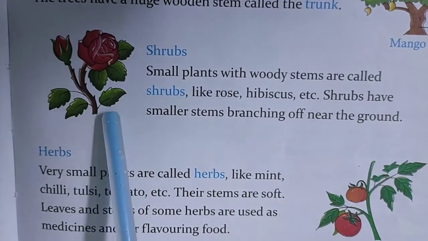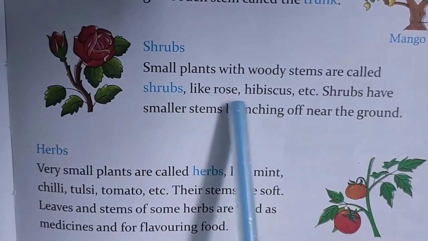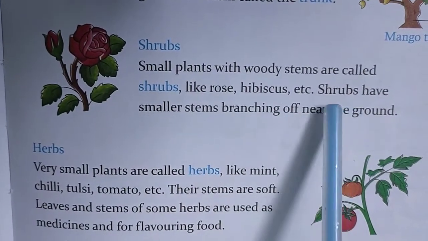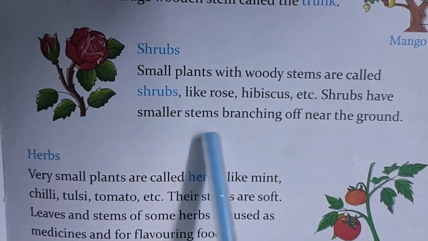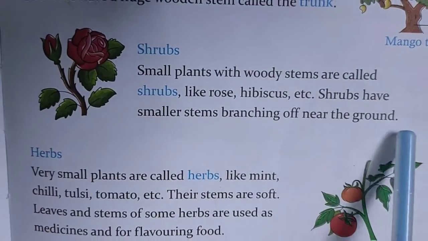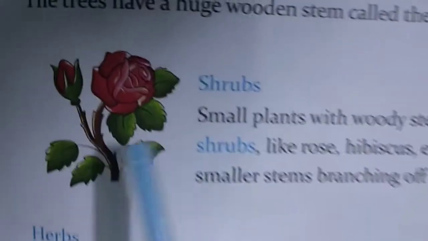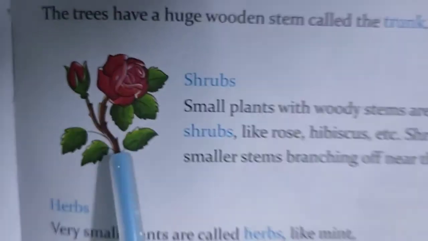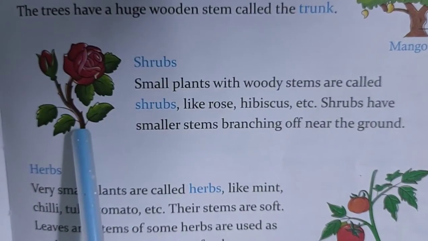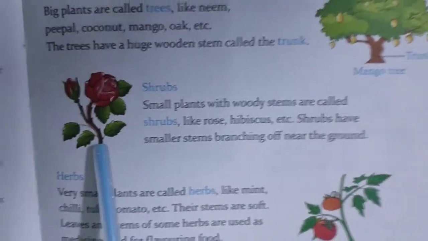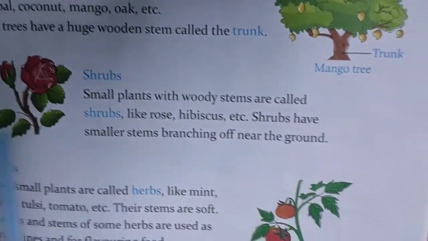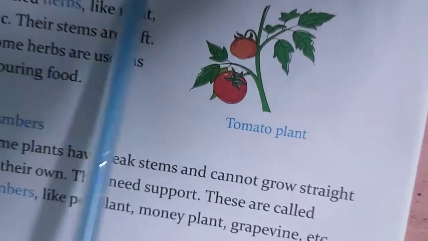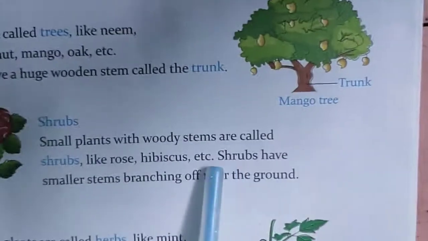Shrubs. Small plants with woody stem are called shrubs. See, woody stem, like rose, hibiscus, etc. Hibiscus has smaller stems branching off near the ground. Near the ground, small branches are there. This is the rose. Hibiscus. These are shrubs.